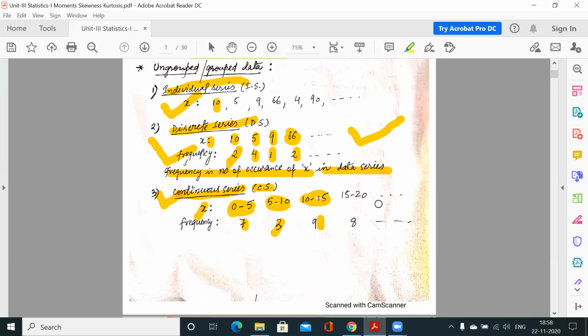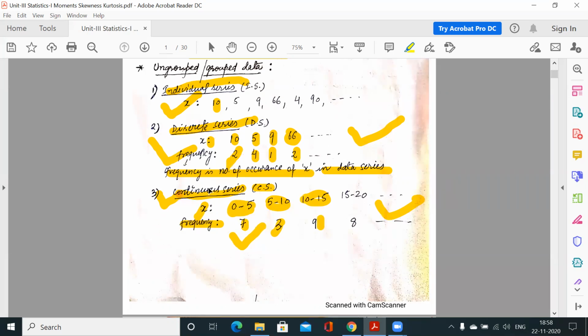So in this way, this is again the frequency, meaning the total number of occurrences of X. In the range 0 to 5, how many students got marks, either 0 or 1 or 2 or 3 or 4 or 5? So I have counted those numbers, and suppose it comes out 7. So this is continuous series.